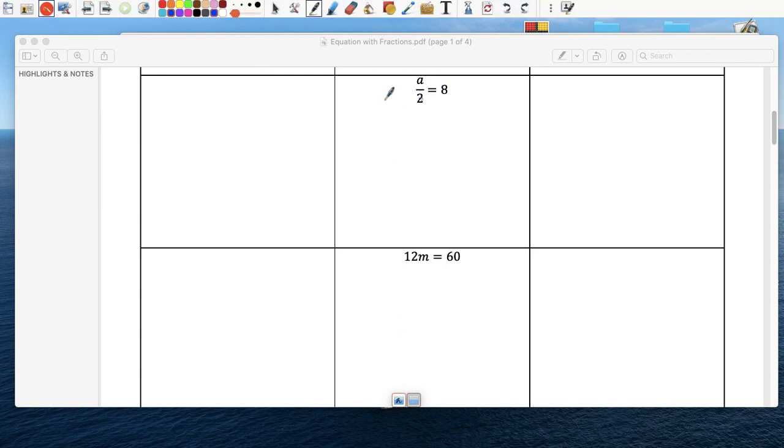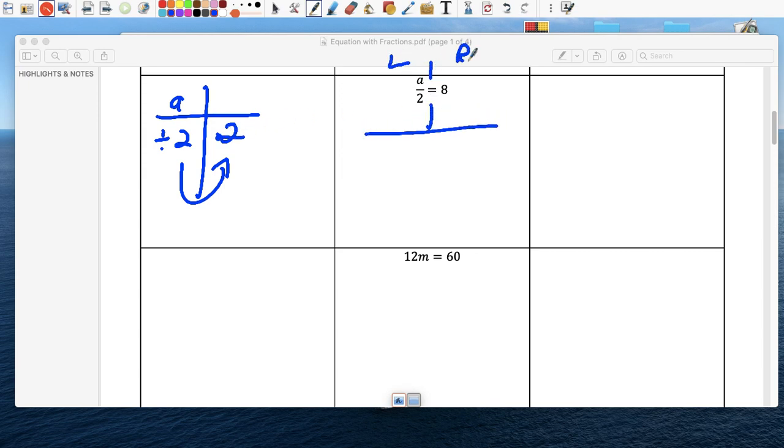And here we have a over 2. So here's my variable a, which is being divided by 2 right now. So the inverse operation I'm going to use is going to be times 2. Sorry, times 2. Where did the 8 come from? So again, I do the same to both sides, left and right. I'm going to multiply the right side by 2 and the left side by 2. 8 times 2 is 16.